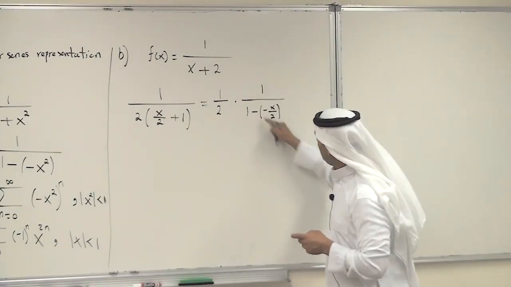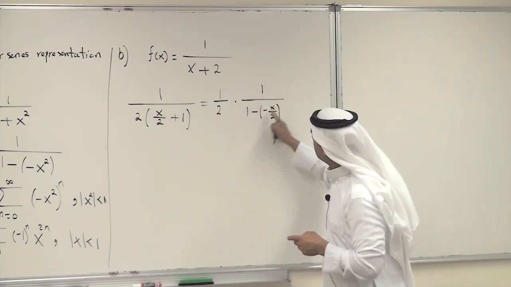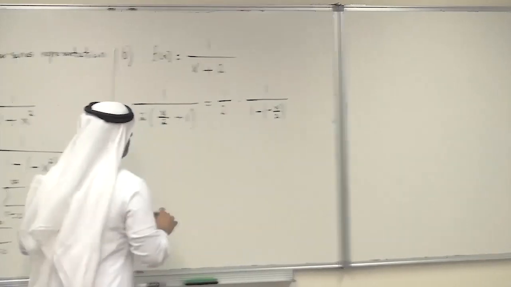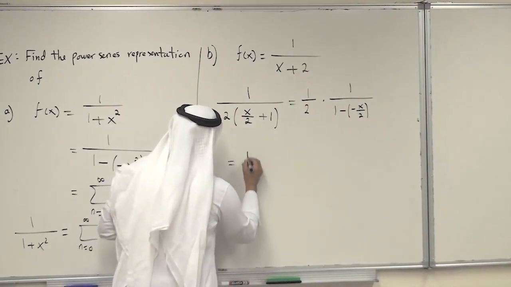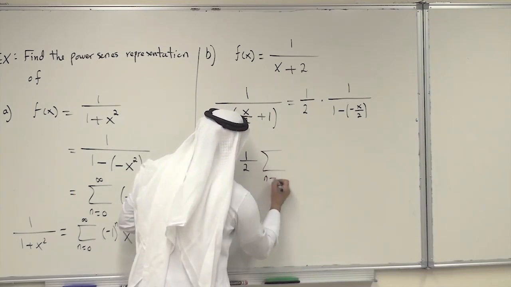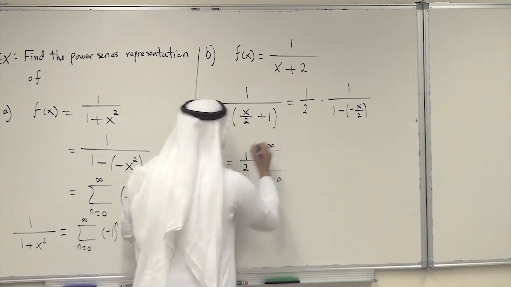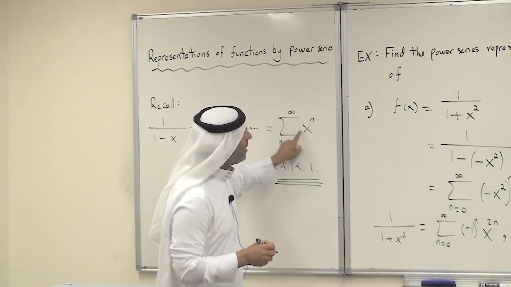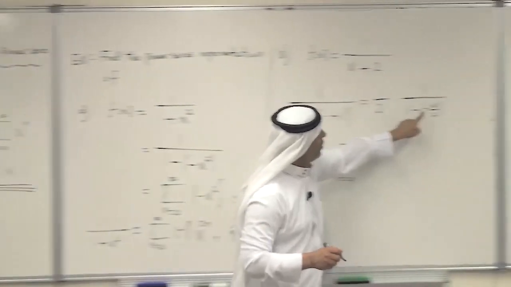1 minus u, 1 over 1 minus r, whatever you call it. So what is it equal to? Going back to the identity we have for geometric series, this can be written as the sum from n equal to 0 up to infinity. Going back to the same formula, I'm replacing only x by minus x over 2.